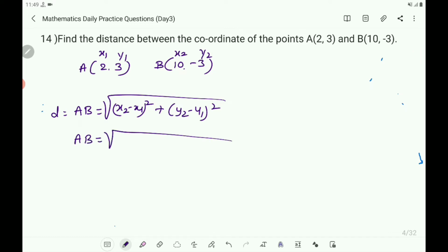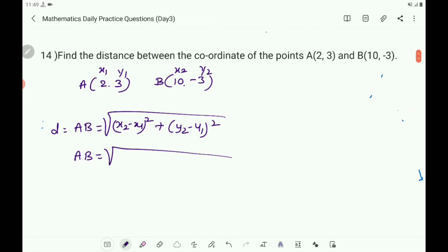Then AB equals, substitute the values of x1, x2, y1 and y2. So what is x2? x2 is 10. 10 minus x1 is 2. So it is x2 minus x1 is 10 minus 2 whole square plus y2, y2 is minus 3, minus y1 is 3 whole square.